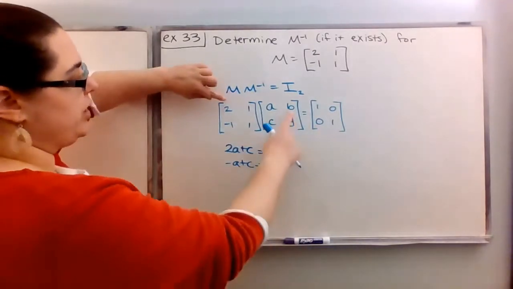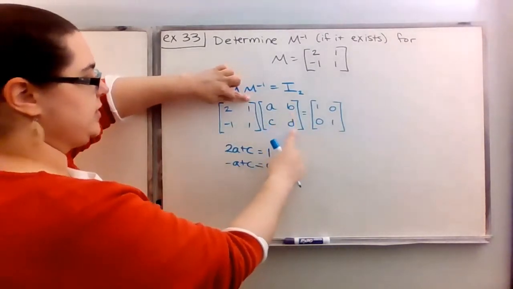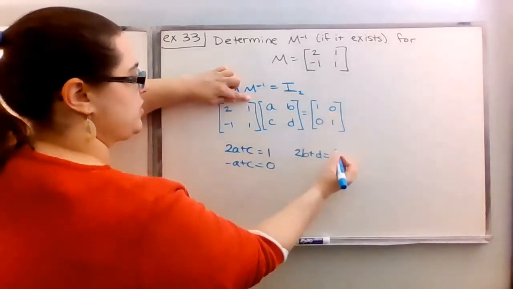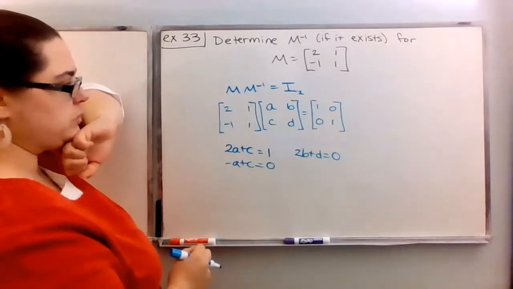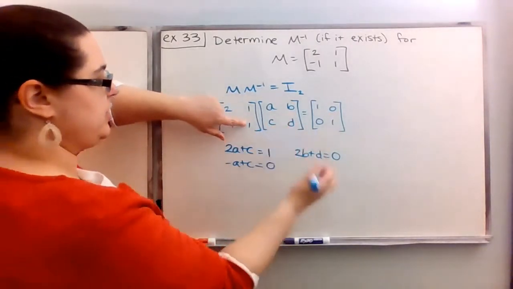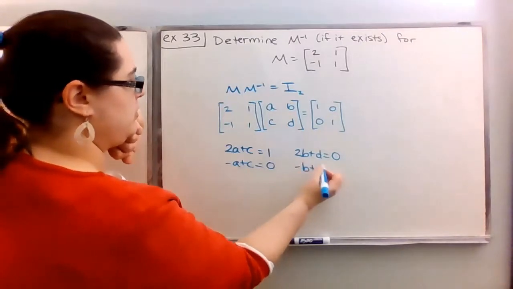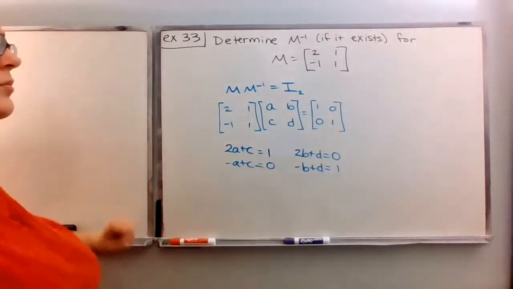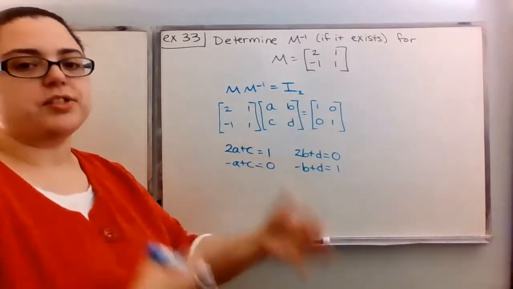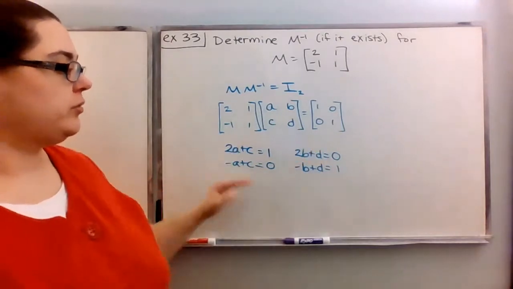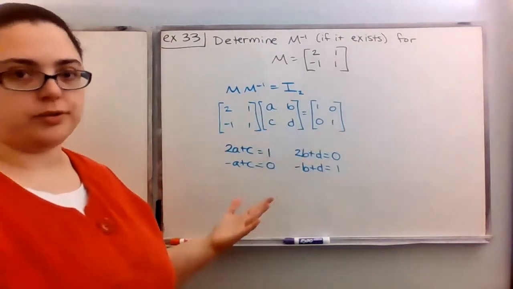I also know that 2B plus D has to equal 0. And I have here that -B plus D has to equal 1. So by using my multiplication, I can derive this system of 4 equations with 4 unknowns.